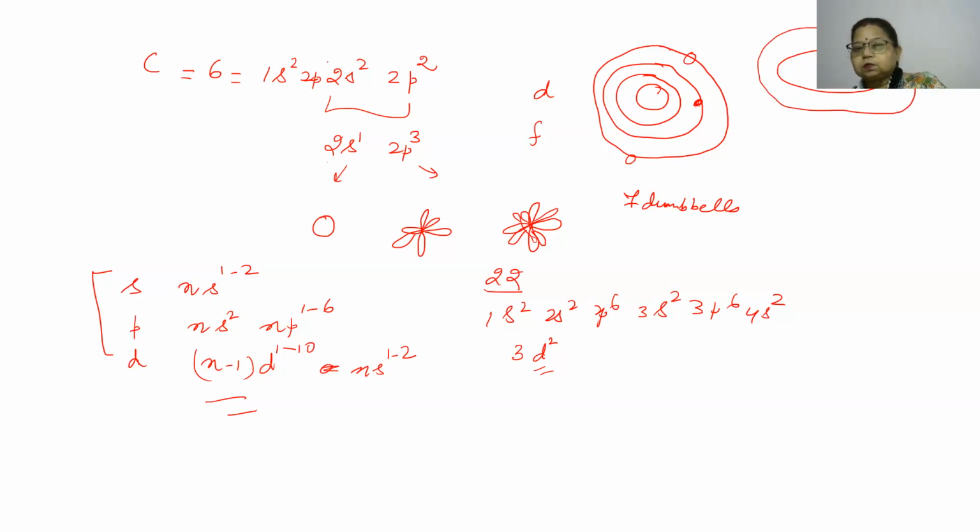After 2 or 3 orbits, this is assumingly 3s, 3p, and somewhere here we will have 3d. Here we will have 2s, 2p, and we don't have a 2d. This is the nucleus and this is the 1s orbital. Can you see the distance, 3s is here, 2p is here and 3d is here, right?